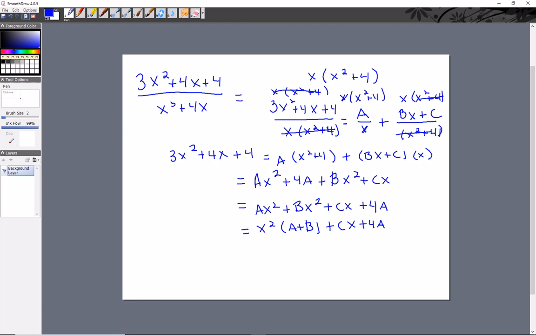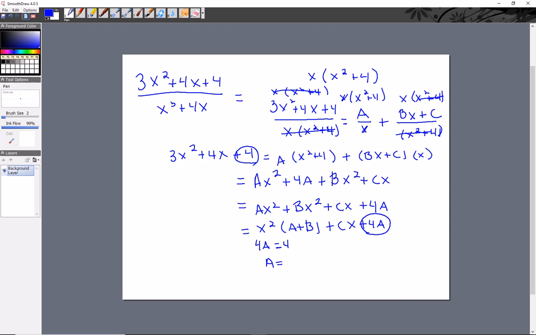And now we're just going to perform the magic, because what do you suppose A equals? Well, let's put that term against this term. That's just your constant term. So we can say that 4A equals 4, or A equals 1.